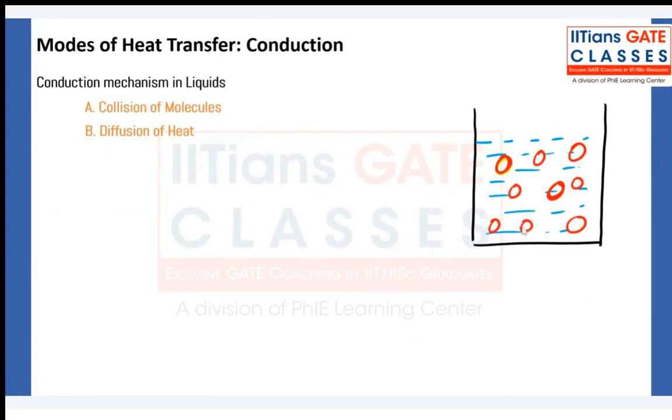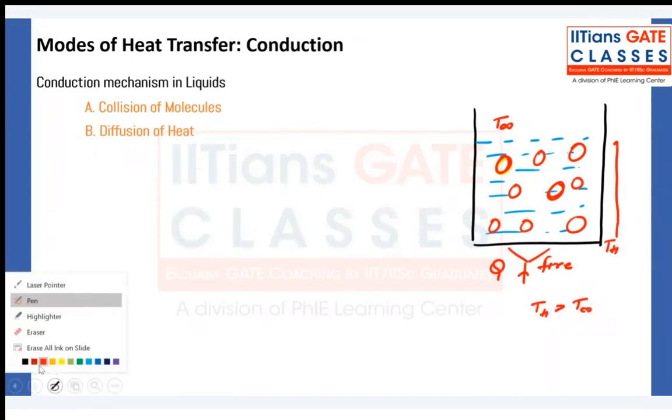Okay. Now, what will happen? Let's say I'll transfer heat. I'll set up a fire here and transfer heat from here. When you go to this side, the temperature is reducing. Here we have T infinity, the environmental temperature. Here we have some higher temperature. T higher is greater than T infinity. So the molecules that are closer to the bottom, what will happen?